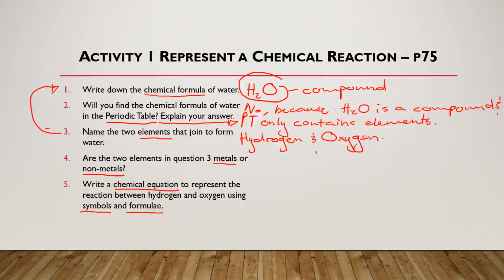Okay, now question 4, are the 2 elements in question 3 metals or non-metals? Now firstly, we need to ask ourselves, what are metals and what are non-metals? So we know that metals are all solids at room temperature, and room temperature is 25 degrees Celsius.